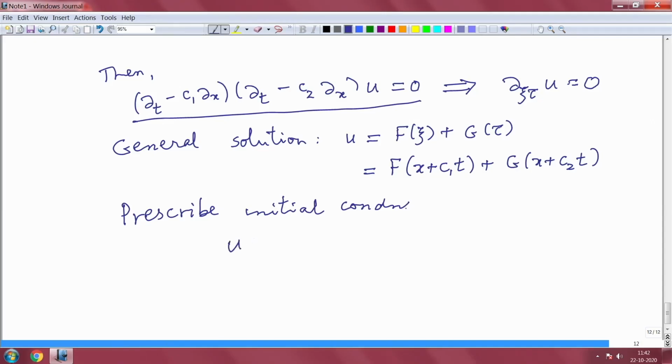So, again if we prescribe initial conditions, u of x, 0 equal to u0 of x and u_t of x, 0 equal to u1 of x, sorry for that, now you plug in these initial conditions in this general formula and determine f and g.